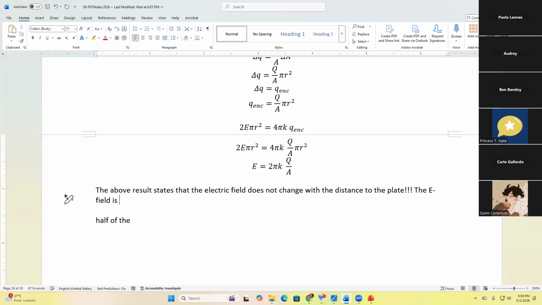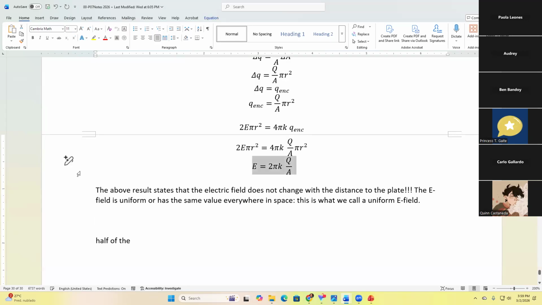That's what it means, is uniform or has the same value everywhere. This is what we call a uniform E field.